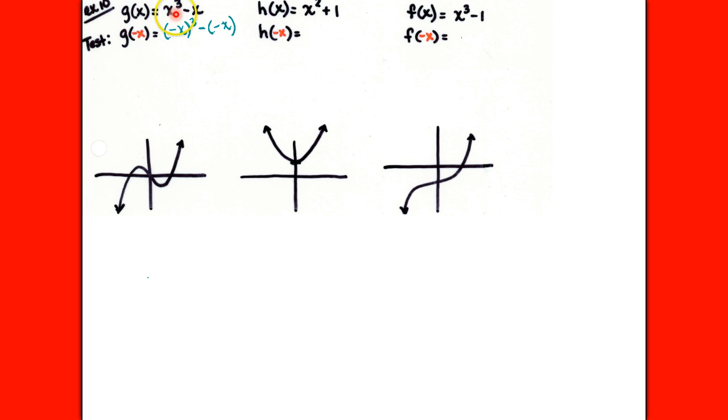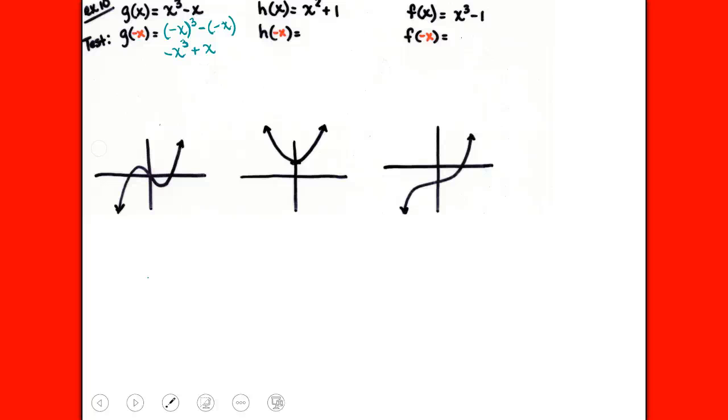All right, what happens if I have a negative cubed? It stays negative, right? So negative x cubed is going to be negative x cubed, and then minus a negative x plus x. So is that the exact same function that I started with? No. All right, it does look like it might be the opposite.